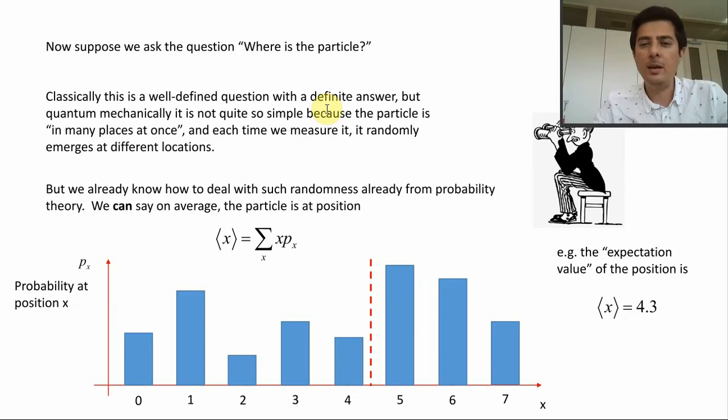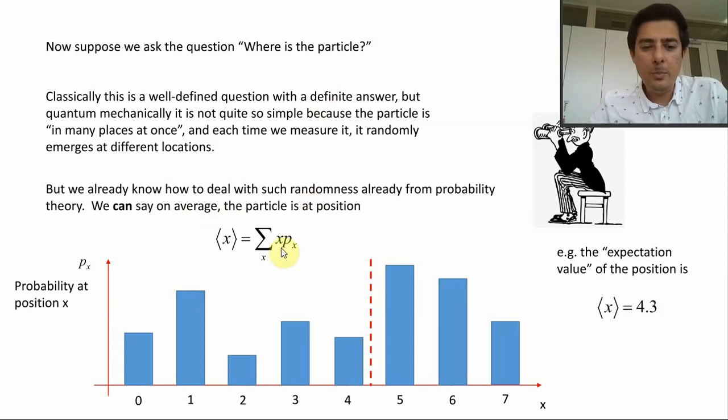For example, we can say on average the particle is at this place, or on average the number you get on the roulette wheel, averaged between all the different cases, is something like 30. Or on average the die would be something like 3, because 1 is the lowest, 6 is the highest, so you get something in the middle. So we can do basically the same thing here.